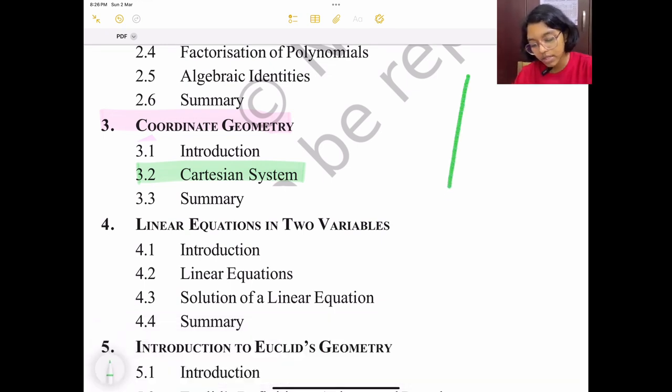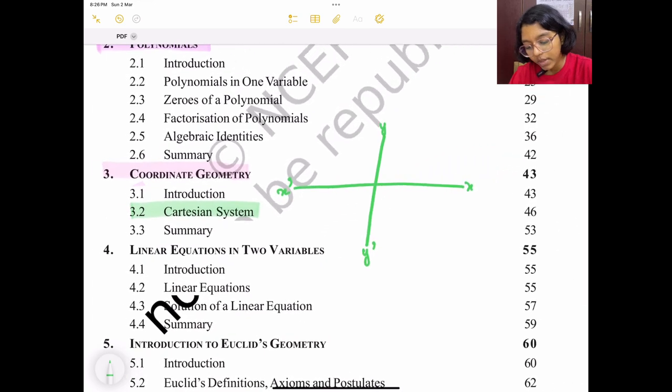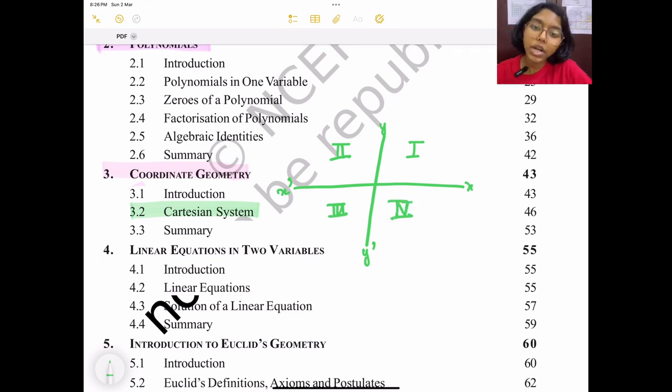We have this, the x-axis, the y-axis, x dash and y dash. This is the first quadrant, this is the second quadrant, this is the third quadrant, and this is the fourth quadrant. Now if they have given you a few points, you have to tell whether they will lie in the first, second, third, or fourth quadrant.